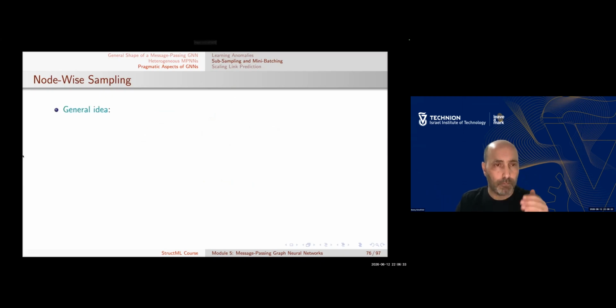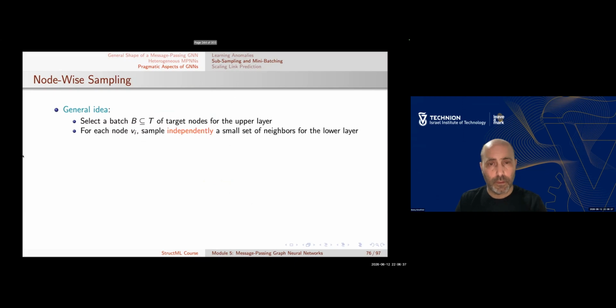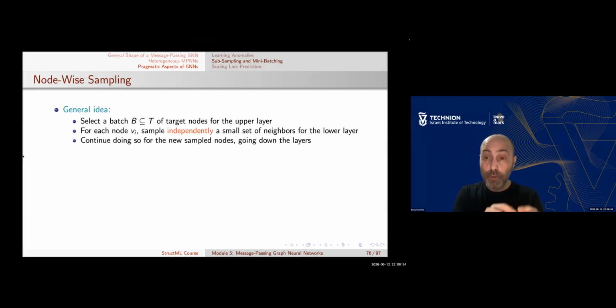Node-wise. So the general idea is that we have our set of nodes in the batch. Okay, for every node vi that we have in the batch, we select a random set of neighbors, for every node independently of the others. And we compute these for the lower level, not for the higher level. And why so?